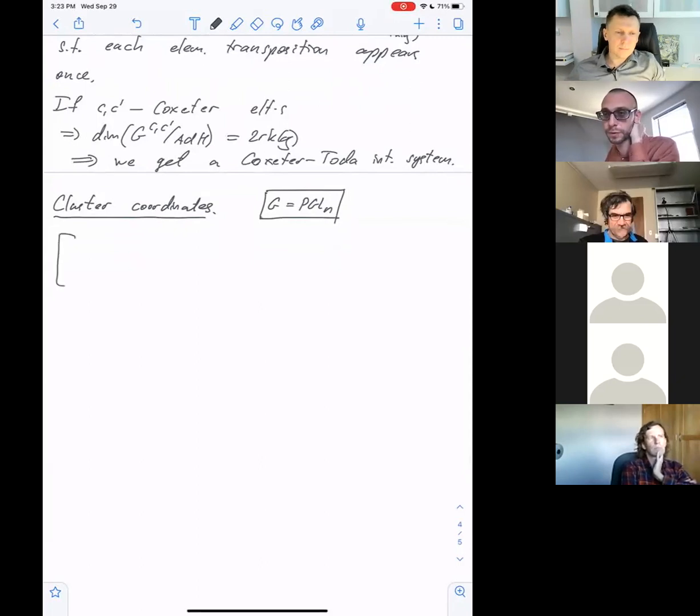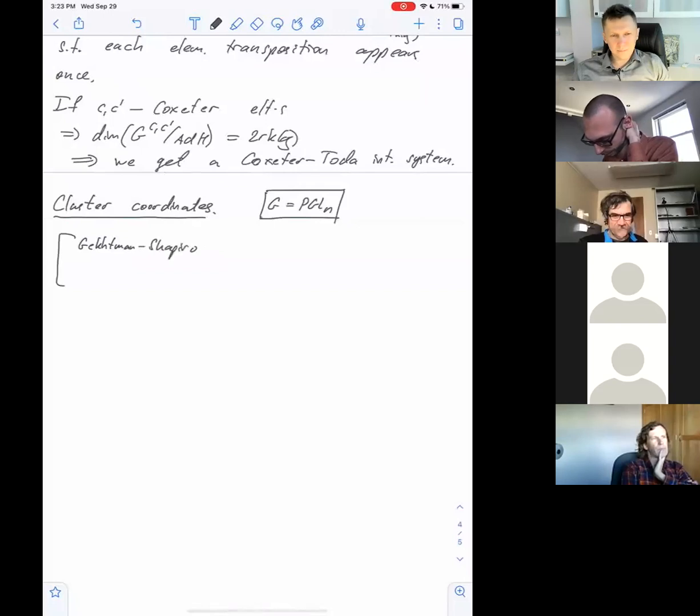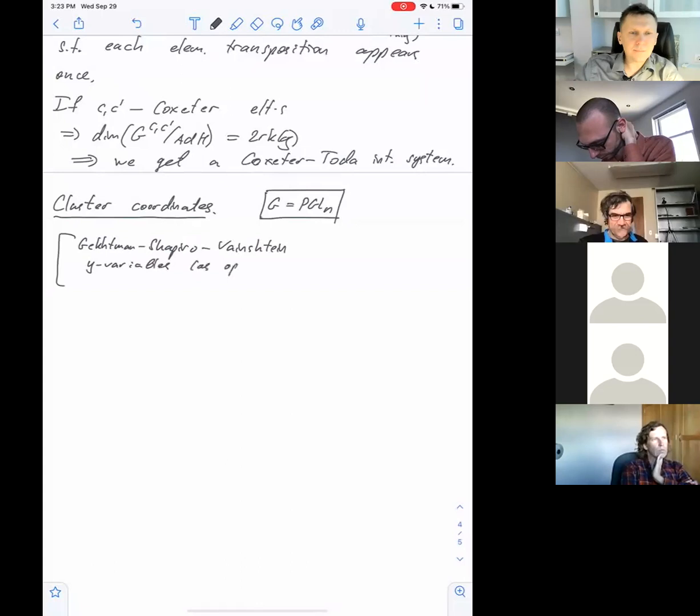There are two types of cluster coordinates. What I will be describing is what Gekhtman, Shapiro, and Vainshtein call y variables, as opposed to x variables.